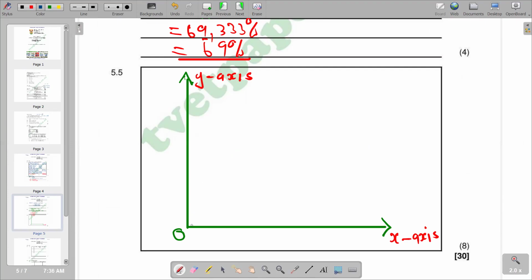So that becomes our total sales curve, and we are going to label it as our total sales.